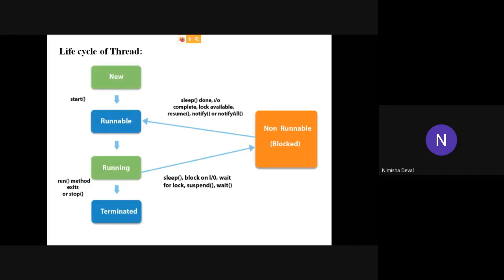Now we will see how to create a thread and how to use it in our program. There are two ways to create a thread. The first is by extending the Thread class, and the second is by implementing the Runnable interface. Both ways are allowed.